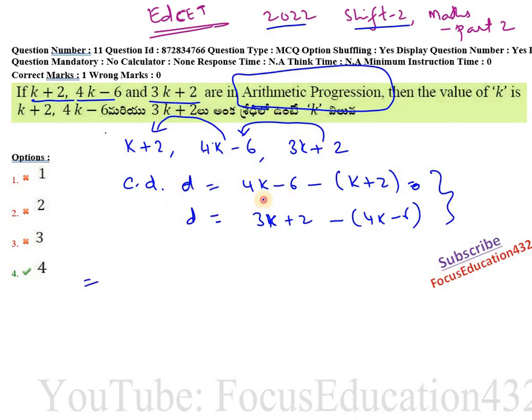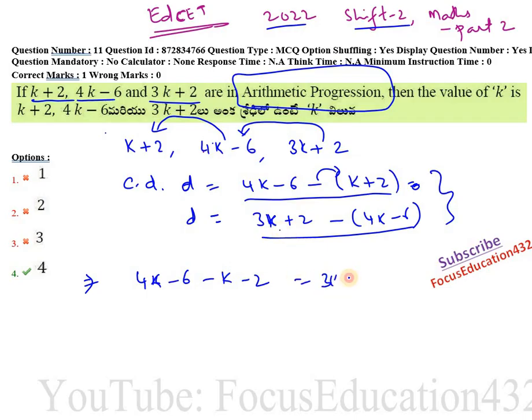Because both are D, we can equate these two: 4k minus 6 minus k minus 2, expanding the minus here, equal to this one, 3k plus 2 minus 4k plus 6.